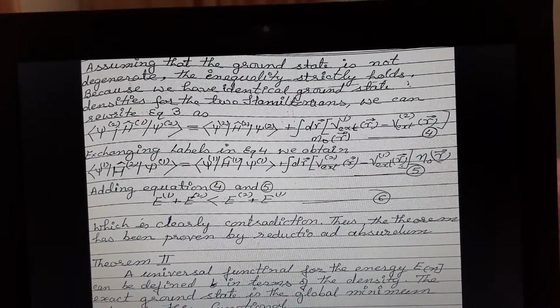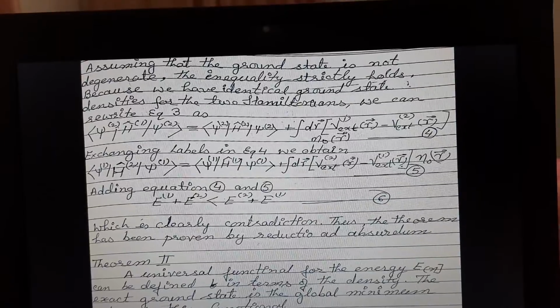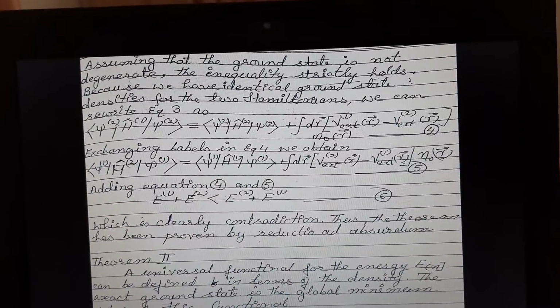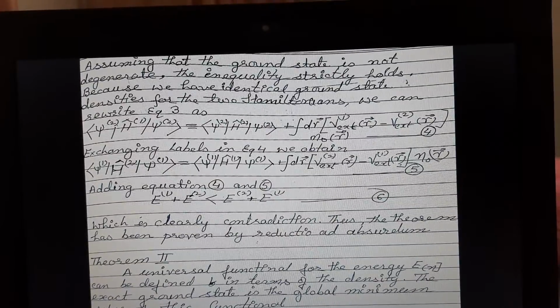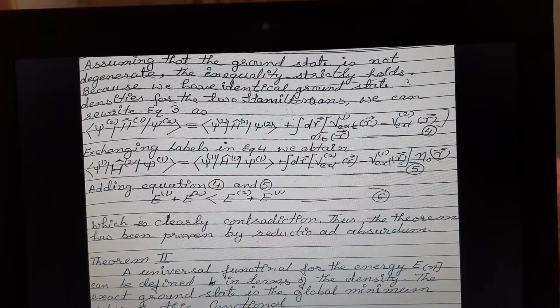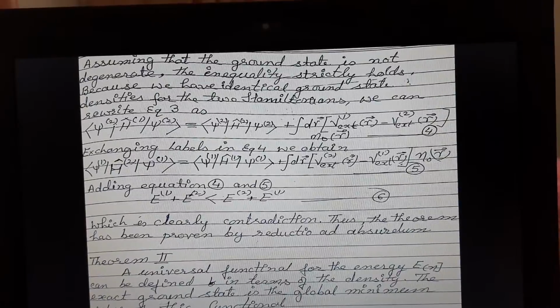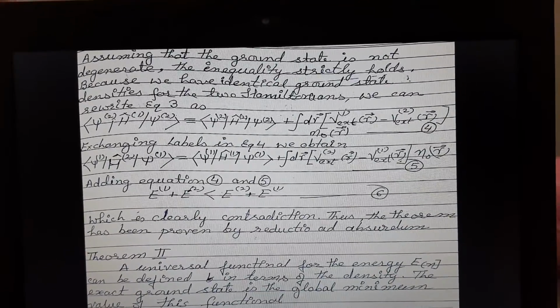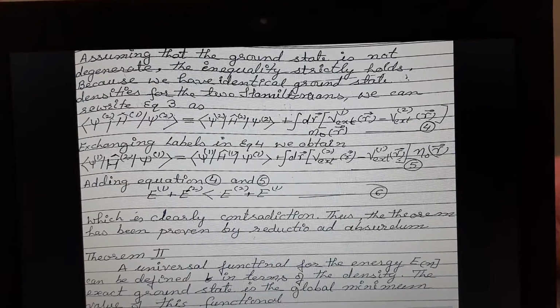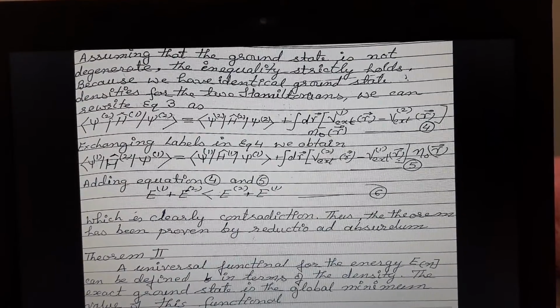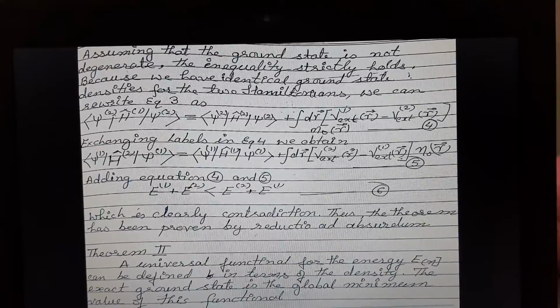Exchanging labels in equation 4, we obtain <psi 1|H2|psi 1> is equal to <psi 1|Hamiltonian 1|psi 1> plus the integration dr V external 2(r) minus V external 1(r) n0(r).